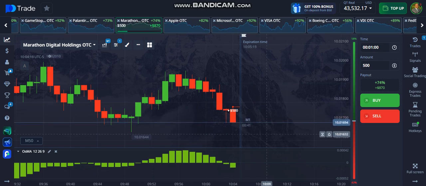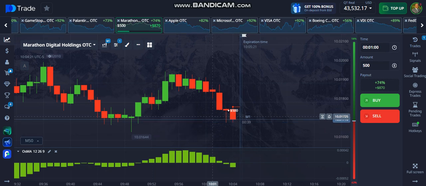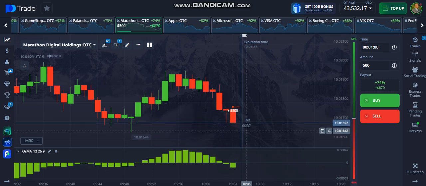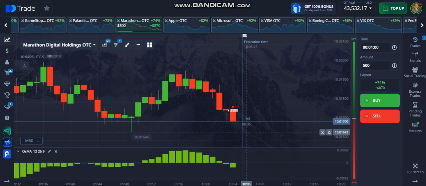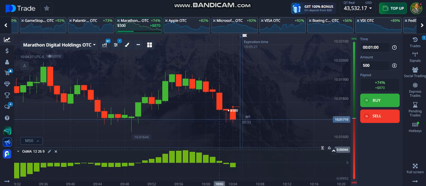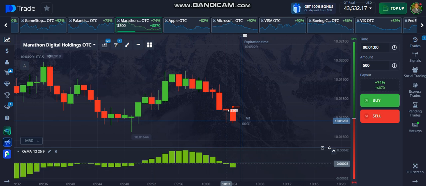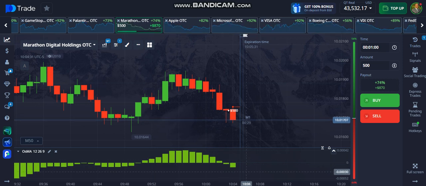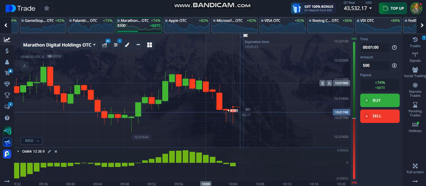All right, and so it looks like it's still going downward in the bearish direction here. We see the OsMA histogram crossing from above the zero line to below the zero line. And we're looking at the bearish candle, so let's monitor this trade.